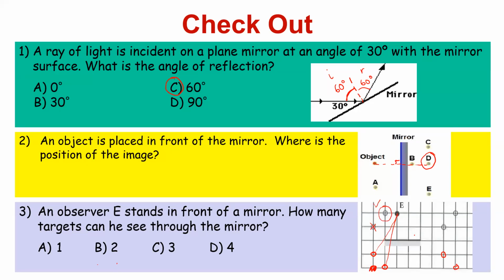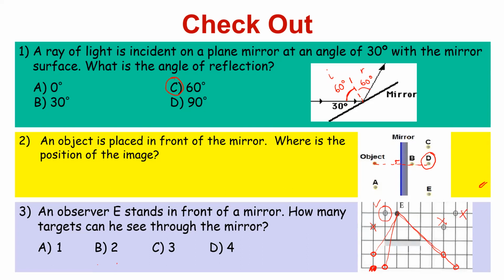Let's move on to the next one. It doesn't hit the mirror, so I am unable to see this target. And the last one also doesn't hit the mirror, so I am unable to see this target.